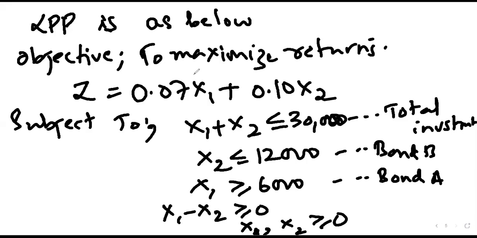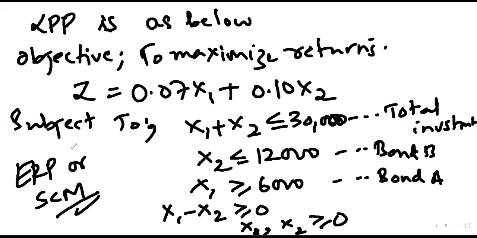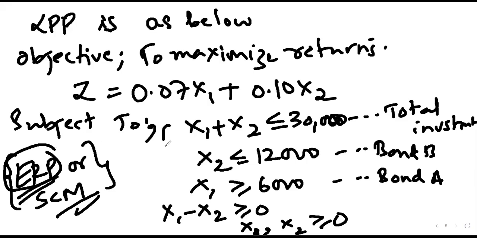Usually in the organization, there will be different types of ERPs or supply chain management systems. ERP, enterprise resource planning, correct? What these systems do, they collect all these constraints, and they give you a different type of output. What is the maximum returns that can be obtained? Is that right?